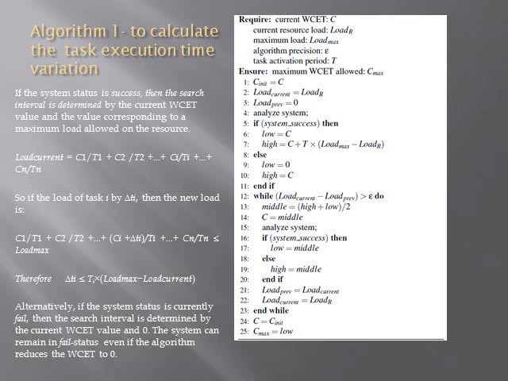So if we vary the execution time of any particular task, then the new load on the system would be less than the maximum load. So the execution time variation would be less than or equal to the period for the task that we are varying, multiplied by the difference between the maximum load and the current load of the system.